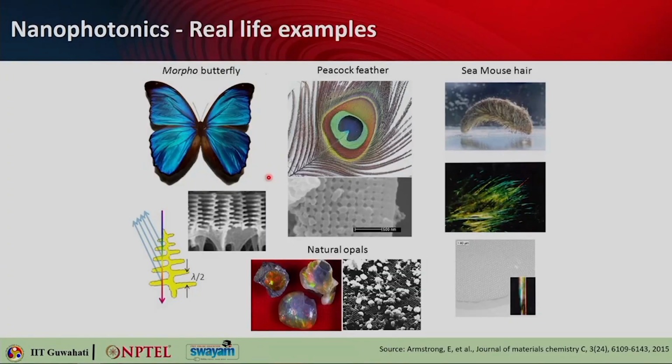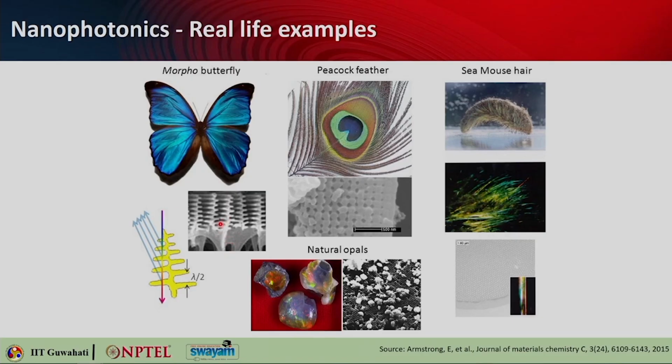So these are some real world examples of nanophotonics, because we are not the pioneer, okay. Nature, the Almighty, has already used nanophotonics to make our world look so beautiful. If you look into the wings of a butterfly and the colors that you see, they are not basically from the pigment, but from the nanostructures that are embedded into the wings of the butterfly.